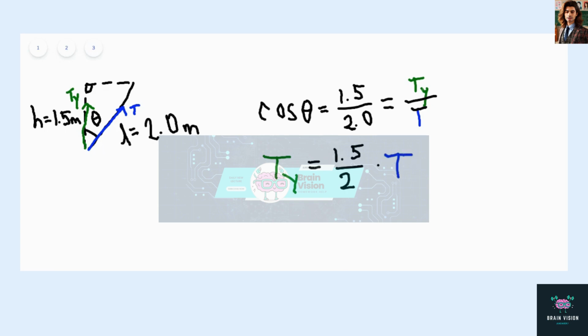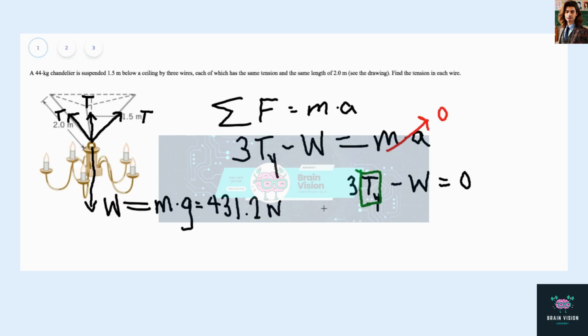This is an important relationship for us to use in order to solve the equation that we arrived at on the first page.